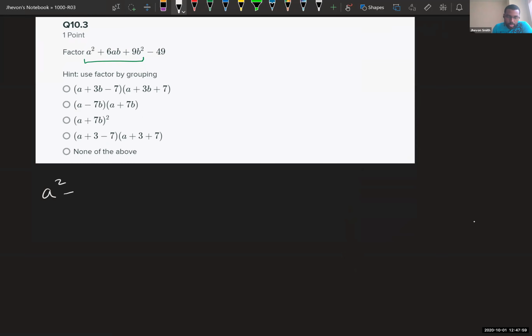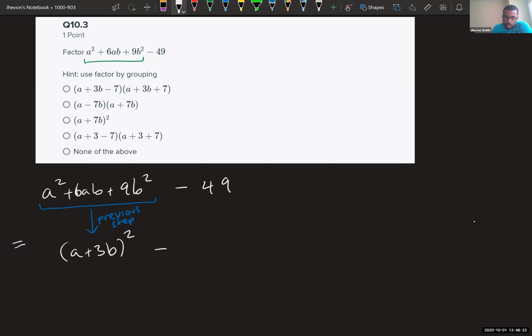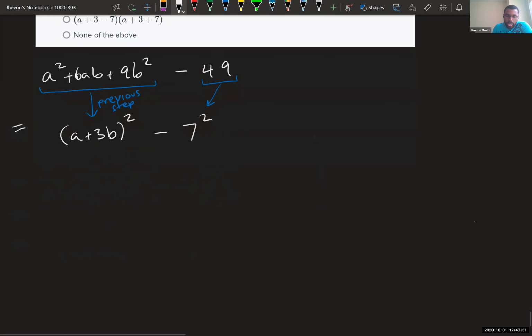So here, this is a squared plus 6ab plus 9b squared minus 49. This is equal to, by the previous step, a plus 3b all squared. 49 happens to just be 7 squared. And so here we really have a difference of squares.